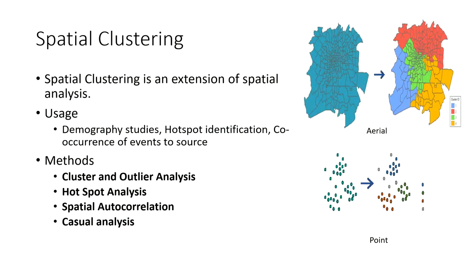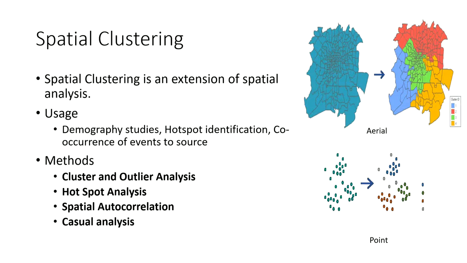Generally, spatial clustering is used in demographic studies, especially where we do grid-based sampling at some locations, and then we aggregate at the district level or any kind of administrative boundary level. The aggregation has to be done on those measurements, so it is widely used.